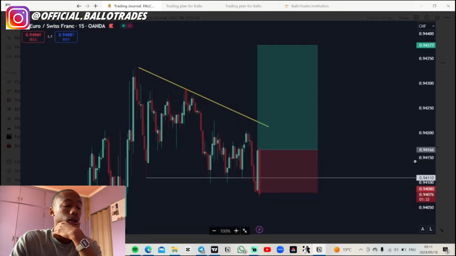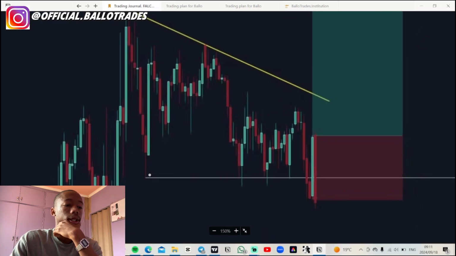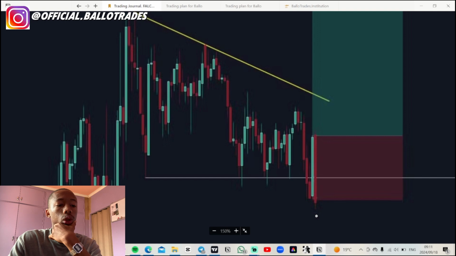The trade was here. As you can see, I spotted this low right here, then I saw a wick. Then I wanted to see an impulse candle, a very bullish impulse candle. This was very bullish. I did not expect this. Then I entered above the candle. As you can see here, it tapped me in and immediately took me out.